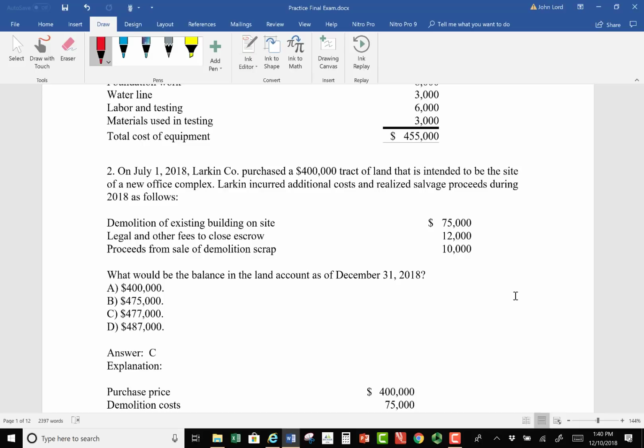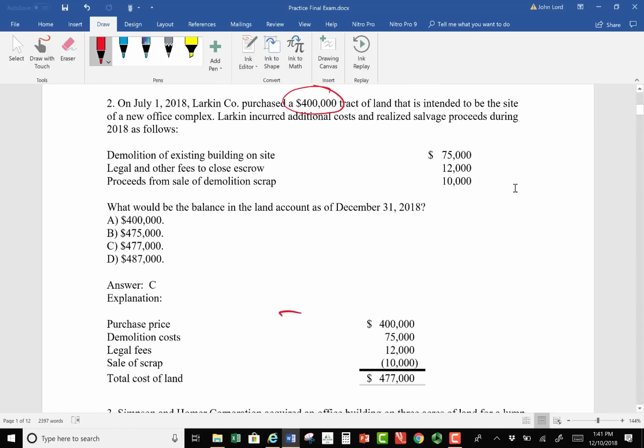So you look at this: the original cost of the property is always going to be part of the answer, of course. You can't get any of the answers without including that. And then demolition, yes, that's getting it nice and flat, right? Legal and other fees to close escrow, yes.